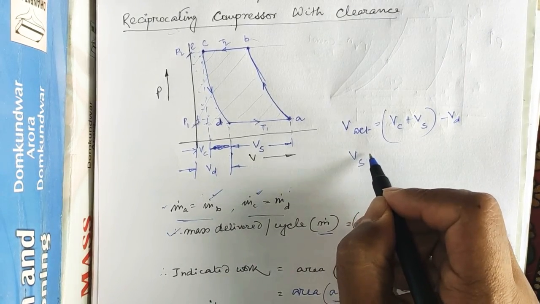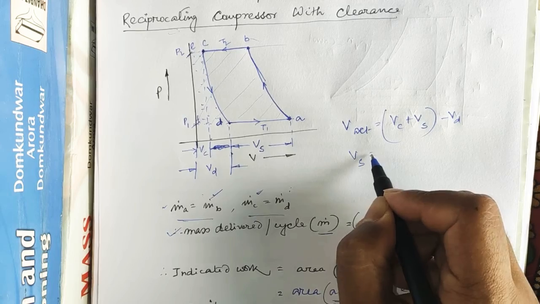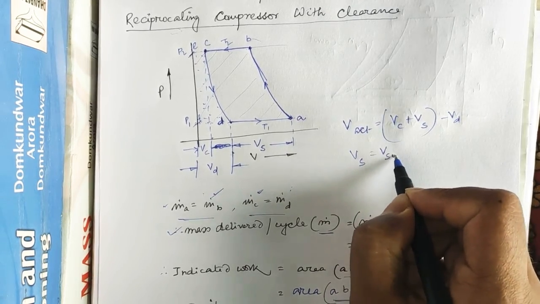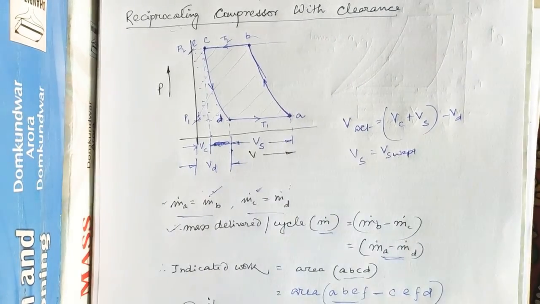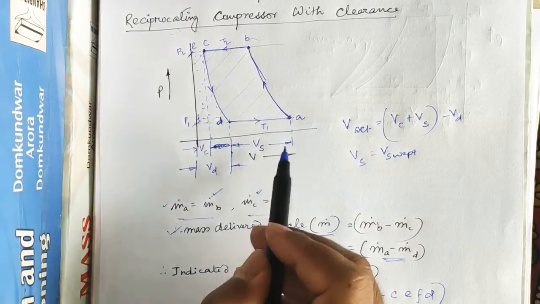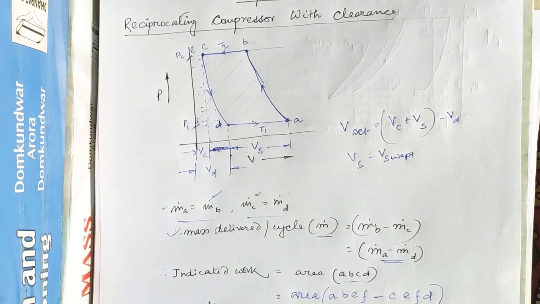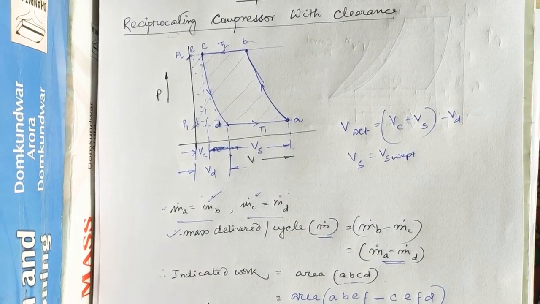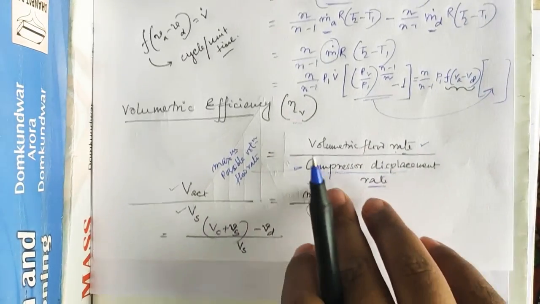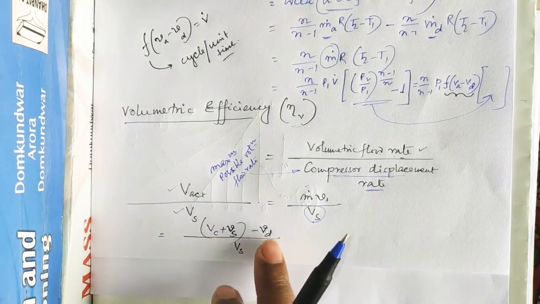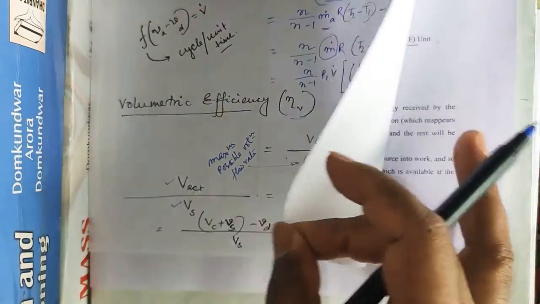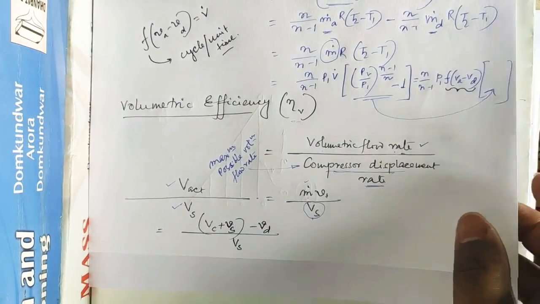And V swept is Vs, that is called V swept. Actual volume is this one, Vs plus Vc, that means this one plus this one minus this part, and this is the actual volume handled by the compressor. So Vs plus Vc minus Vd by Vs will give you the volumetric efficiency.